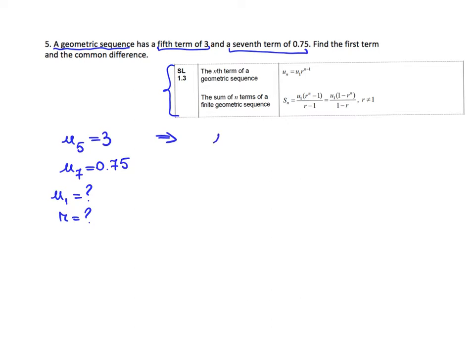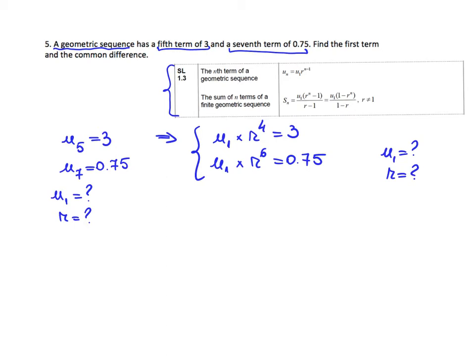So U5 is U1, which we don't know, times r, which we don't know, to the power of n minus 1. So this is 3. Seventh term is U1 times r to the power of 6. So this is 0.75. I have again two equations with two unknowns, U1 and r.